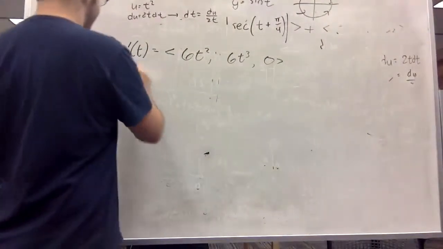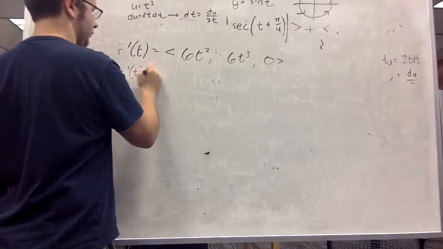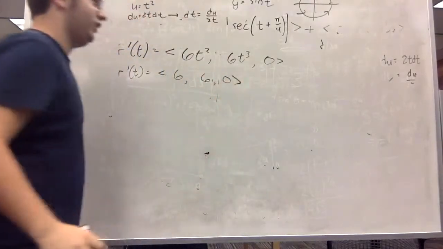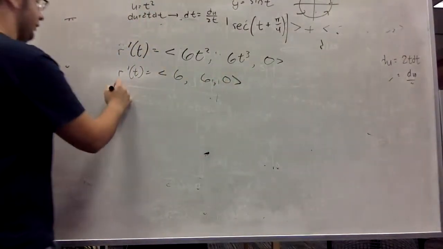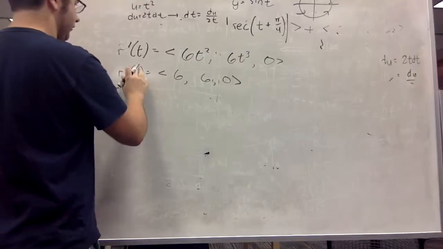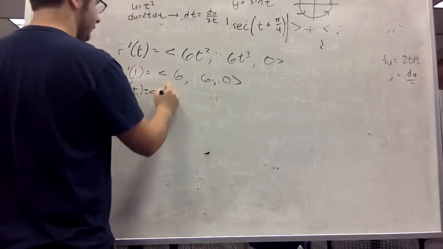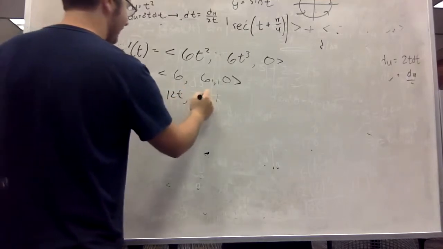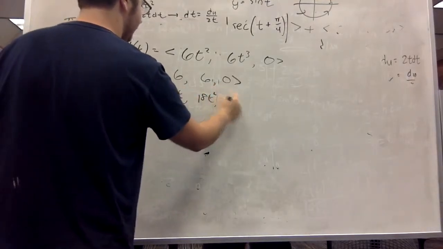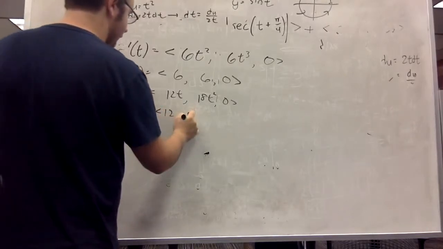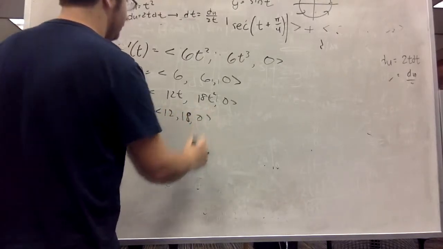At t equals 1, this gives me 6, 6, 0. And then r double prime of t would be 12t, 18t squared, 0. So r double prime of 1 would be 12, 18, 0.